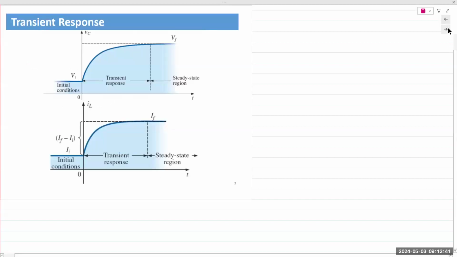Transient response will be of two kinds, but the graph or the response structure remains exactly the same, no matter what component we're talking about, no matter which circuit we talk about. It doesn't matter whether it's inductor or capacitor, whether it's charging or discharging. It always has an exponential relationship with time. During the charging phase, we start from 0 and we go up to our maximum value.